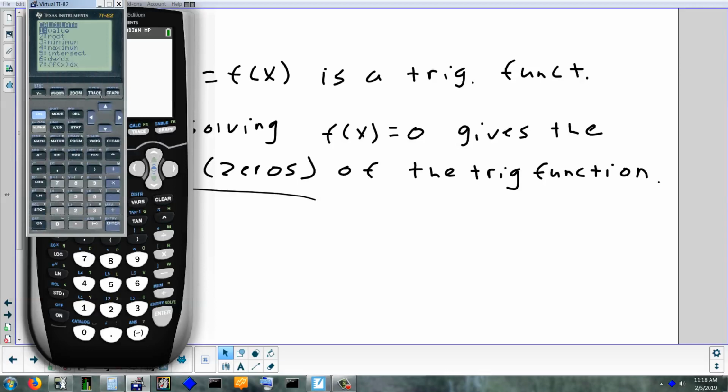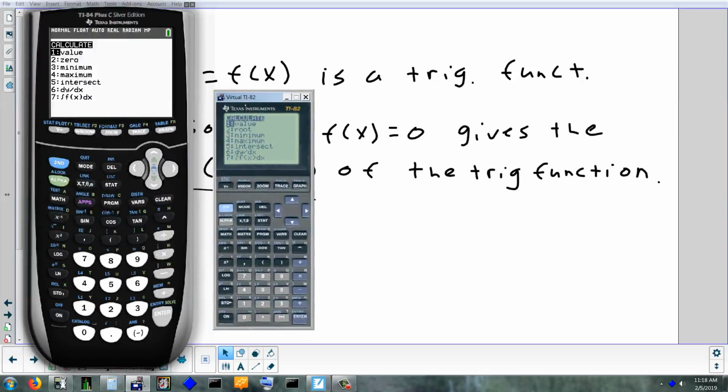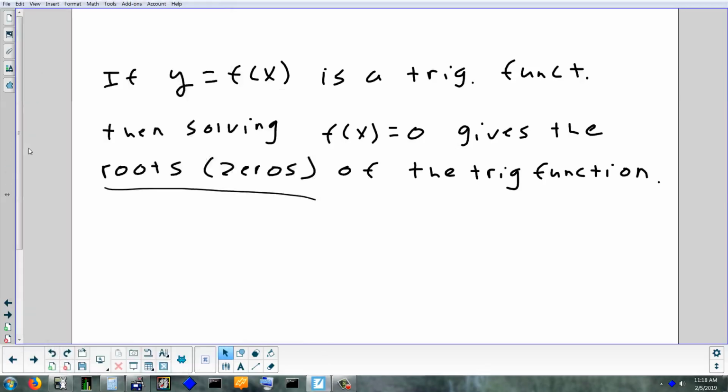On this one, if I go second calc, it's a little light, I don't know if you can read it, it says root. Root and 0 mean the same thing. So you know you're finding roots if it's equal to 0.